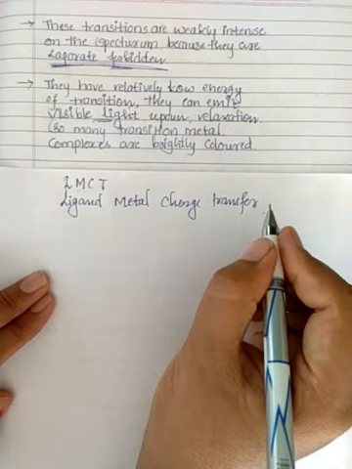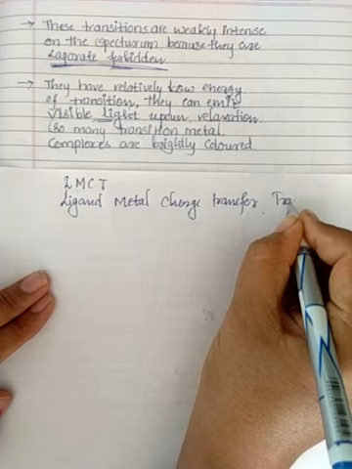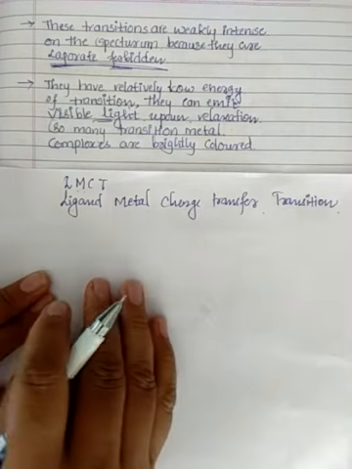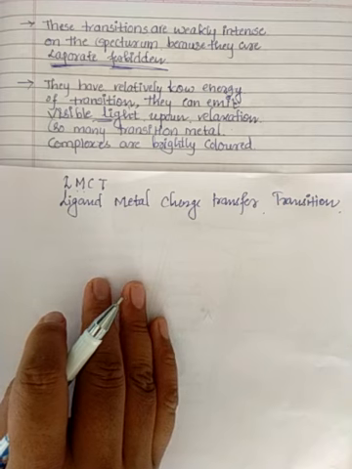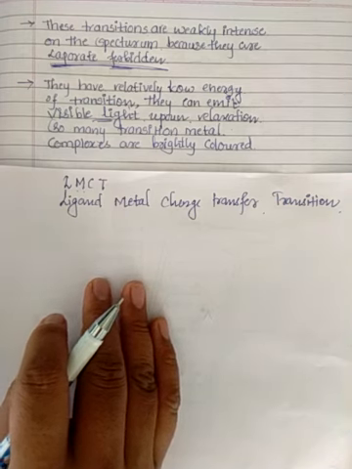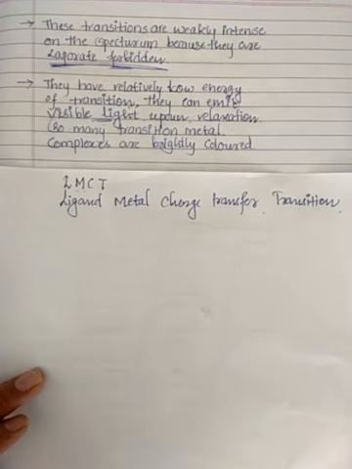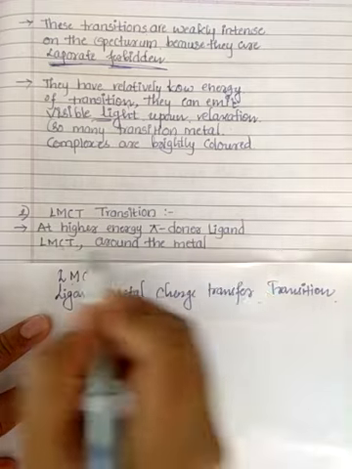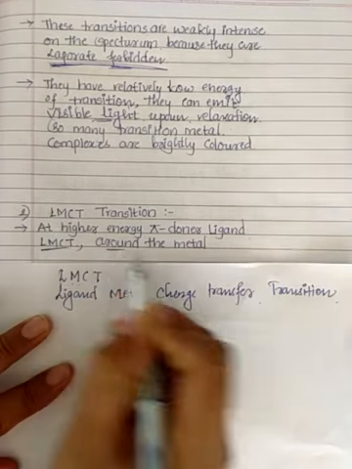Okay, LMCT transition. Next part, at an even higher energy, LMCT involves pi donor ligands. So at higher energy, pi donor ligands, that is LMCT, around the metal.